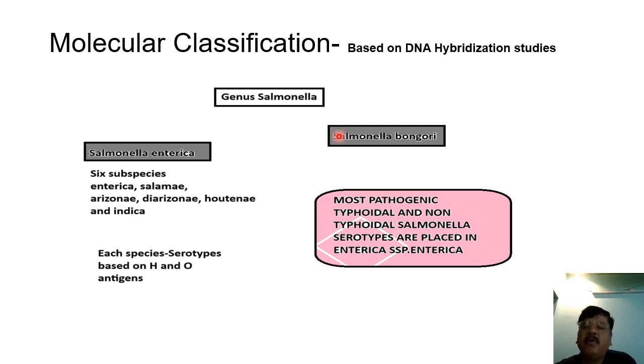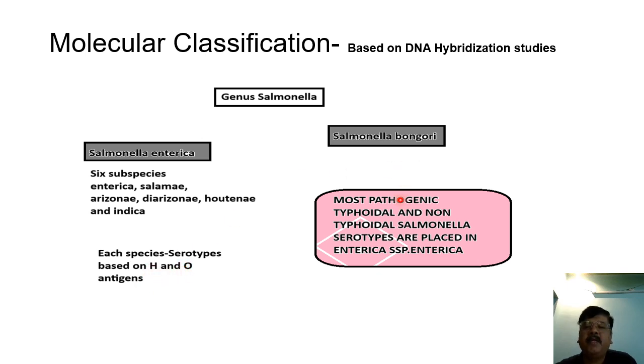Now come to the molecular classification of Salmonella. It is based on DNA hybridization studies. The genus Salmonella is classified into Salmonella enterica and Salmonella bongori. Salmonella enterica has 6 subspecies: enterica, salamae, arizonae, diarizonae, houtenae, and indica. Each species' serotypes are based on H and O antigens.